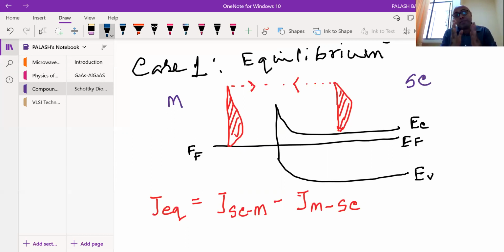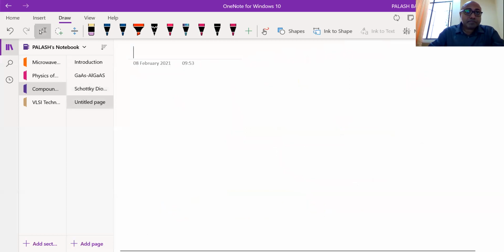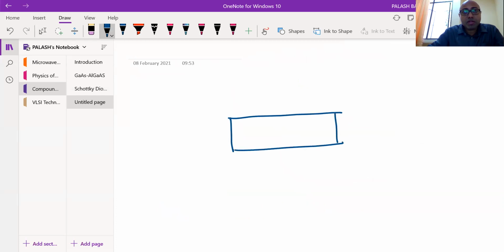Look at that behavior in a PN junction diode. I'm just giving an example. In a PN junction diode you have a P and an N. Why is it diffusion? Just think about when some electron crosses this junction.